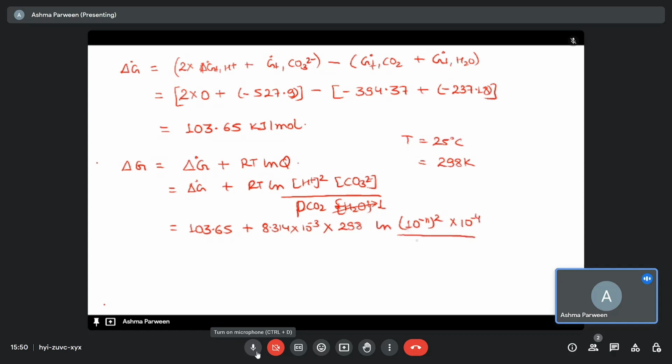Partial pressure was 3 times 10 raised to minus 4. So after solving, we are getting minus 24.58 kilojoules per mole.